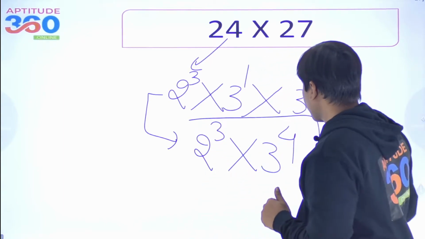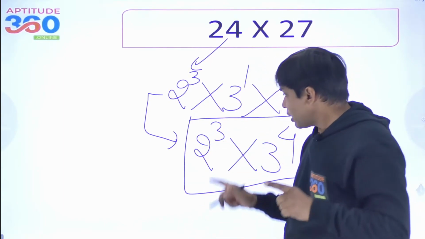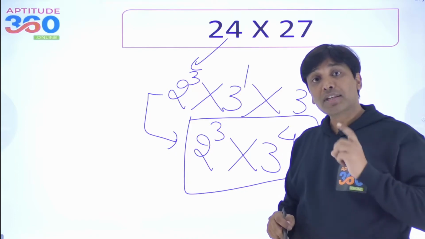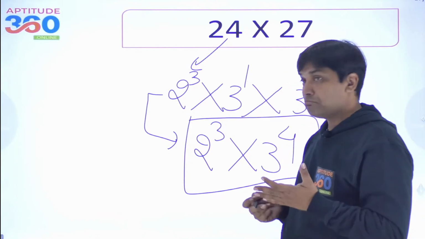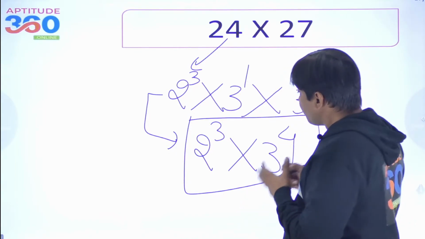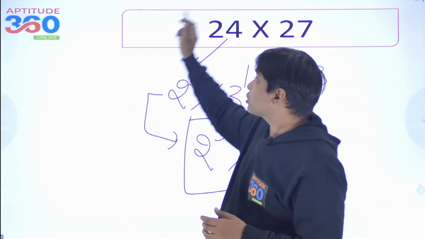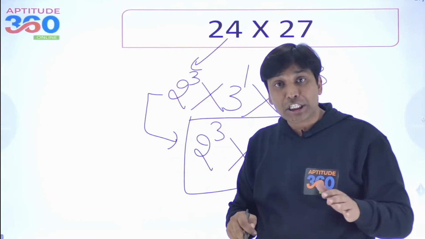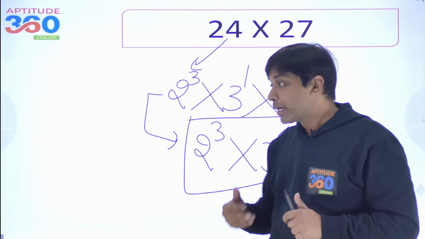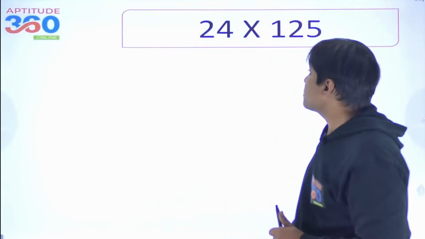Is that okay? कितने सारे 2 दिख रहे हैं आपको यहाँ पे, 3, और कितने सारे 5 दिख रहे हैं आपको, कोई भी नहीं. अब अगर कोई 5 है ही नहीं तो जीरो बनेगा कैसे? So what does that mean? This product will not be having any zero at the end of it. Is that okay? Now let us move to the next very simple problem.